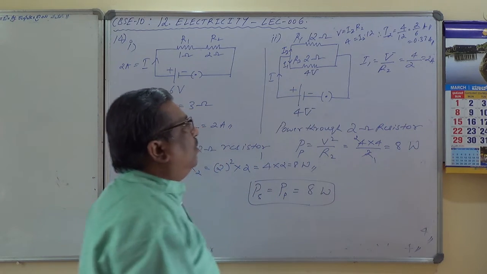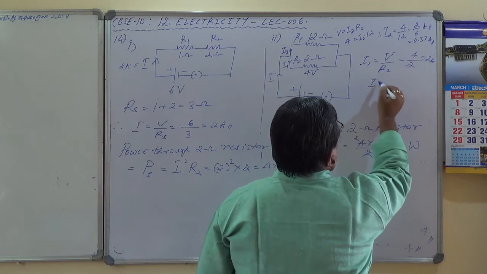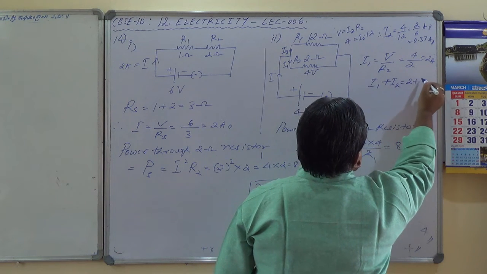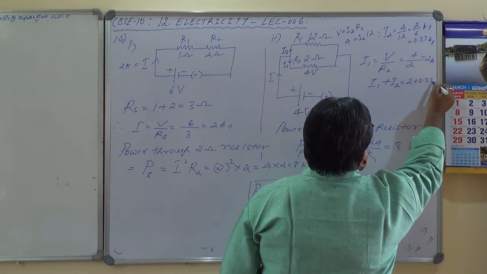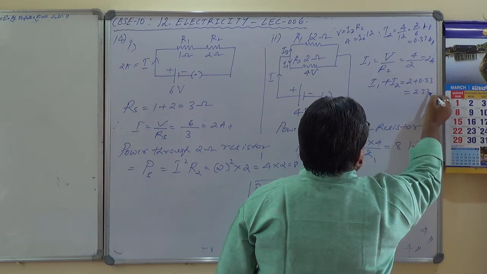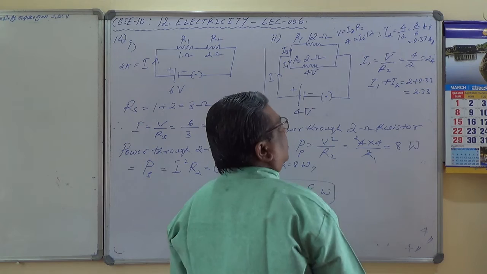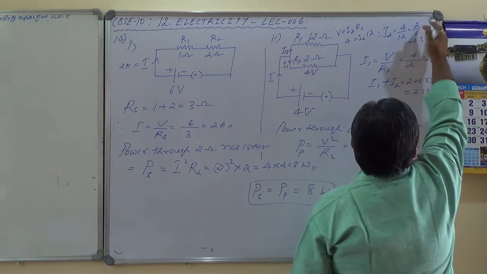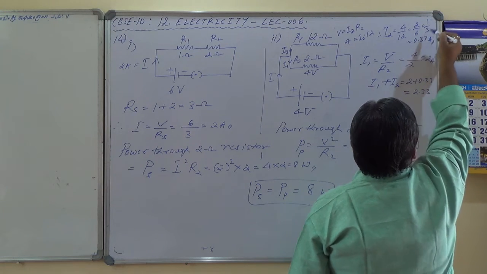Now if I add I1 and I2, I1 plus I2 equals 2 plus 0.33, which is 2.33. You got it? Here you can do this also: 2 by 6 is nothing but 1 by 3, which is 0.33 basically.